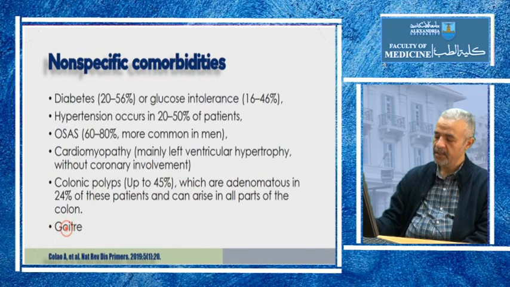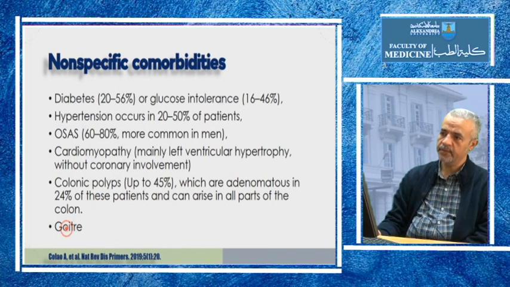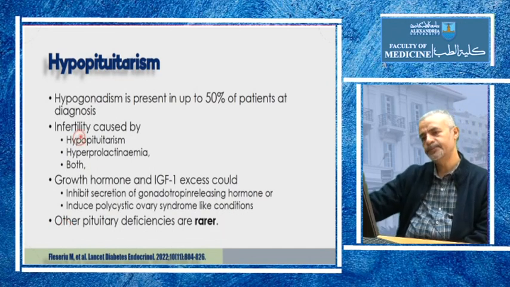And finally, goiter is one of the non-specific comorbidities associated with acromegaly.